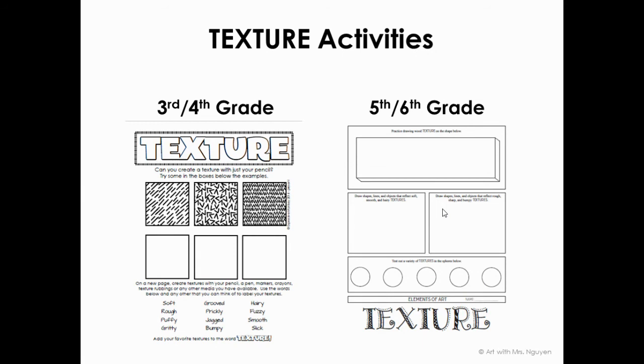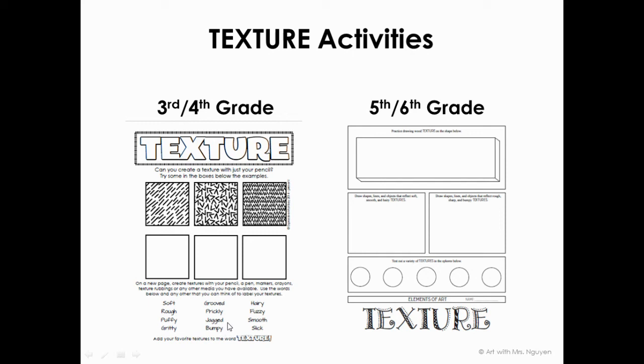The texture activities that we're going to do are pictured here. On the left is the activity for the 3rd and 4th graders. You are using your pencil and you're trying out some different ways of creating texture using lines and patterns. You do that right here. And then you're going to try and think about how you would illustrate something that had these kind of textures.